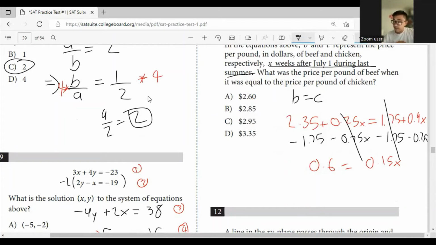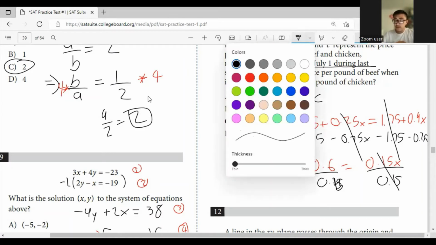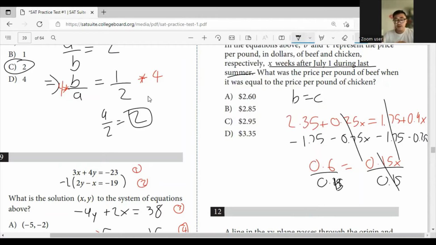Okay, so you have, let me see if I did my arithmetic right. 0.6 equals 0.15x. Okay, cool. Now you have to solve for x, 0.15. I can divide by that. And if you're not comfortable with dividing decimals, let's think about this, right? This is 6/10, this is 15/100.